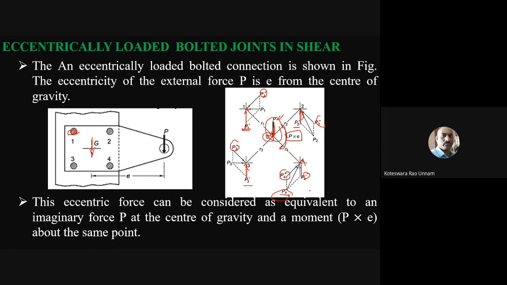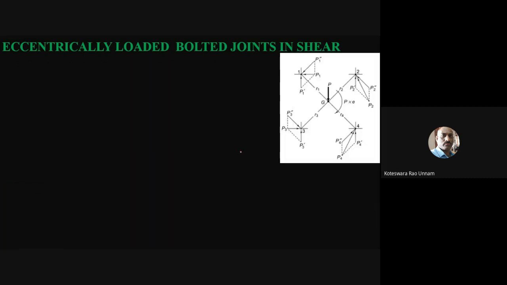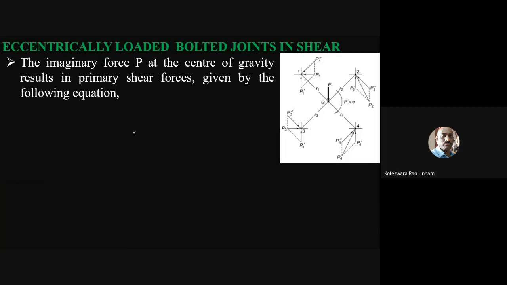And what is the magnitude? Since the load is equal, whatever total load you have, which is P, the load on each bolt is going to be P1 dash equals P divided by the number of bolts. From that we get the primary shear force.